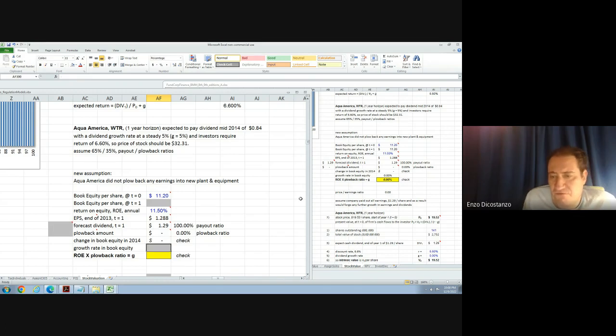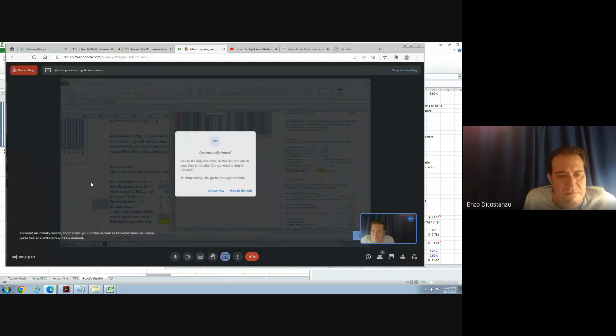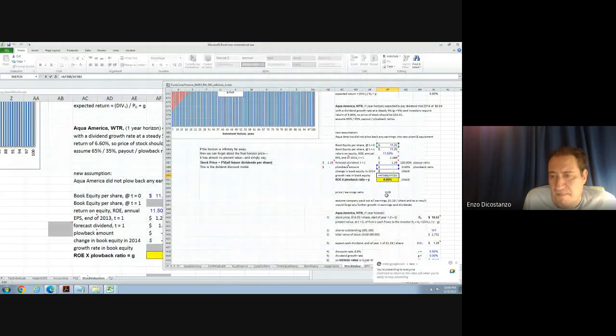Okay. And the rate here, this is the plowback divided by equity.